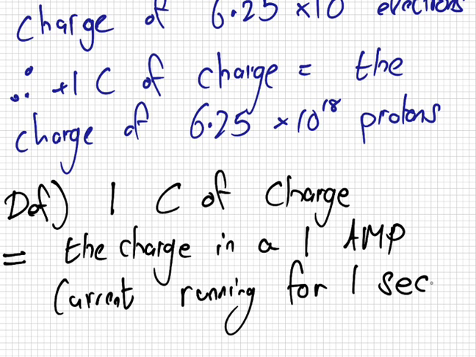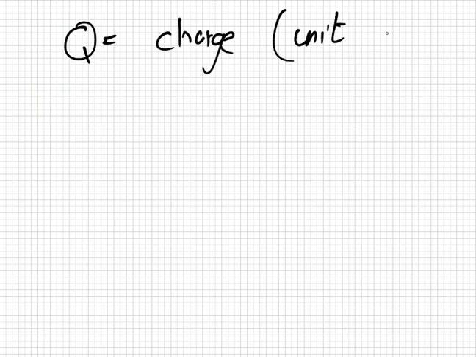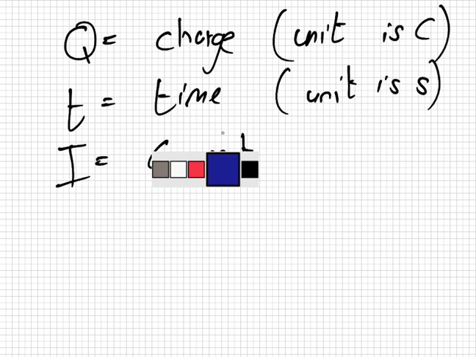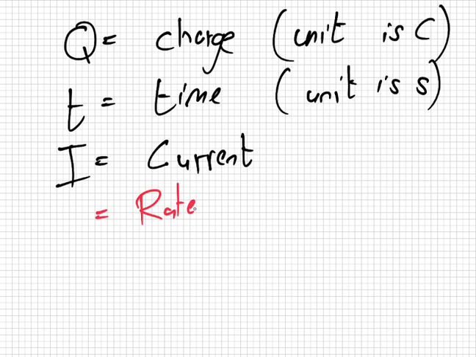I'll just give you some letters now. So we use Q to measure charge, and the unit is coulombs. We use T for time, and of course the unit we use is seconds. And we use I for what we call current. So what is current? Well, current is the rate of change of charge.